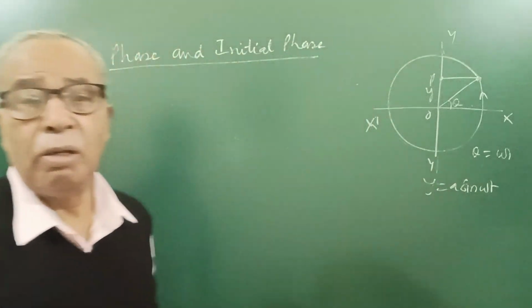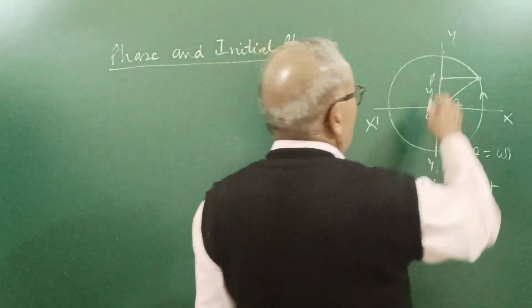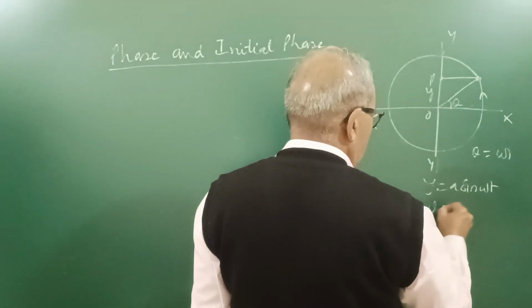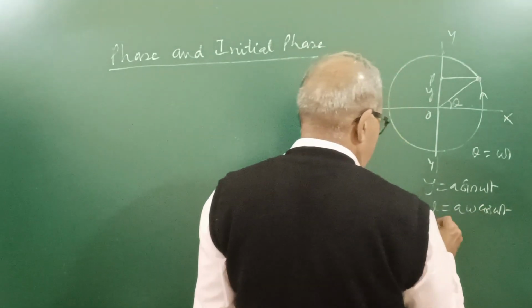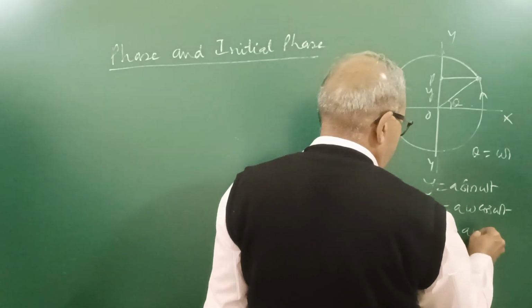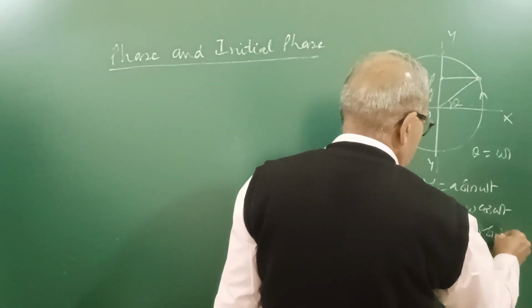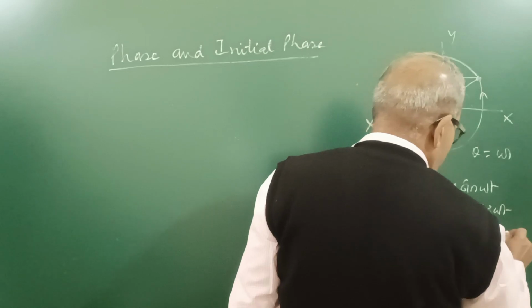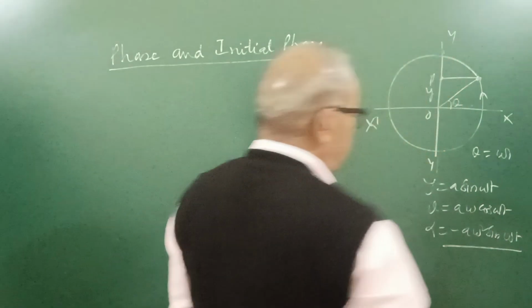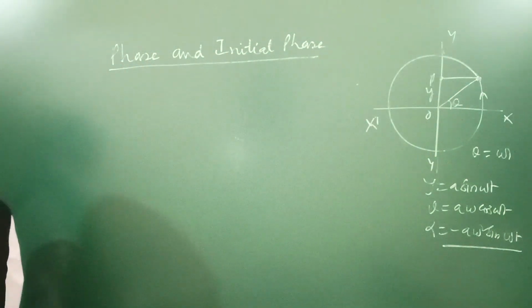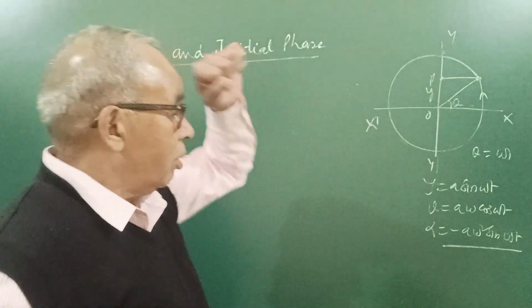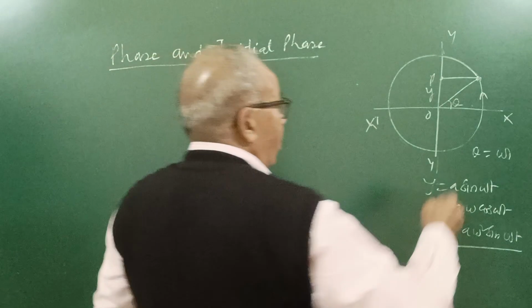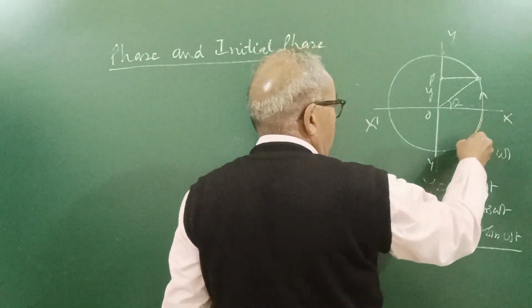If we take the projection on the y-axis, v equal to a omega cos omega t, and alpha equal to minus a omega square sine omega t. So these are the three equations. By knowing these three equations, we can find other things also.